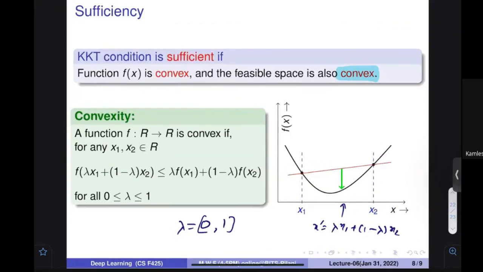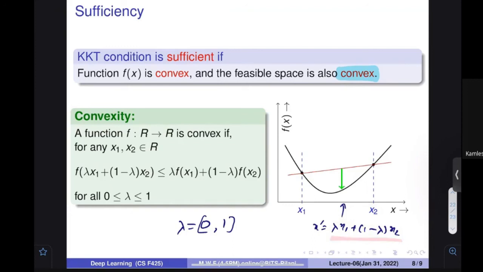If I put lambda equal to 0, it becomes x2. If I put lambda equal to 1, then this becomes 0 and it becomes x1. So any point in between, I can represent using this equation.